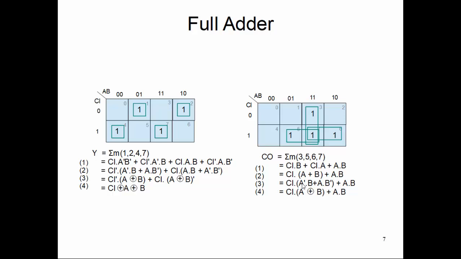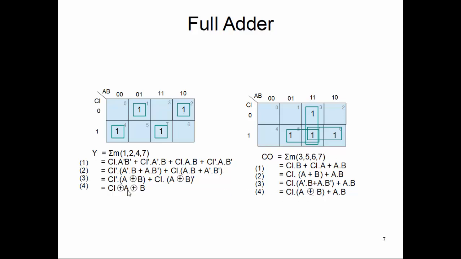What we must look at, instead of grouping 5, 6 and 6, 7, which gives CI B and CI A, is picking up 5 and 6 as they are. Term 5 is practically CI A bar B, and term 6 is CI A B bar. So I group them, making it CI (A bar B or A B bar), which is basically an XOR.